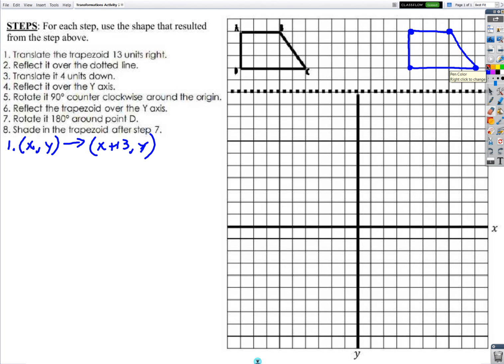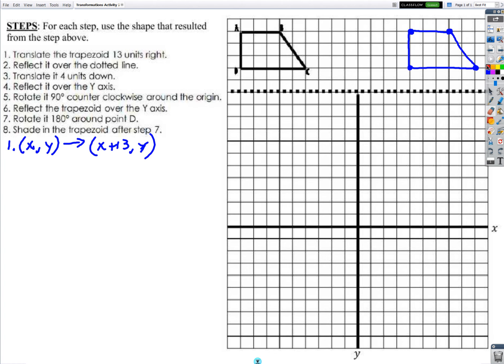There was one just like this on the quiz where at least they're not asking you to write the rule, because for reflections we only really have rules for the axes, and for y equals x and x equals y, and we don't really want to have to subtract or add before that.